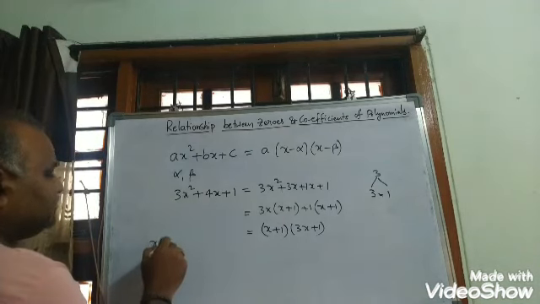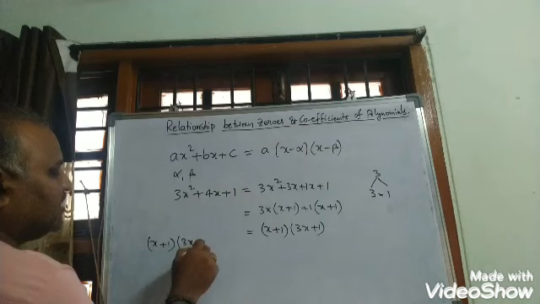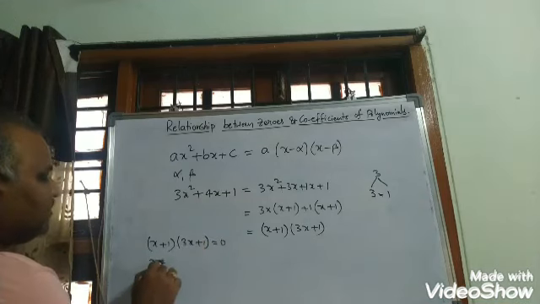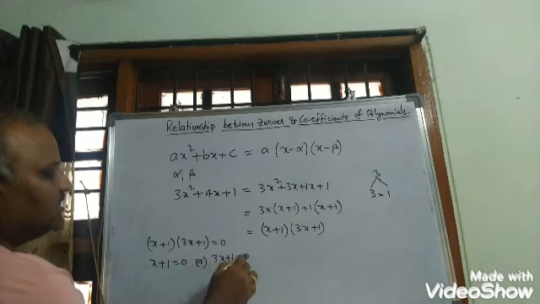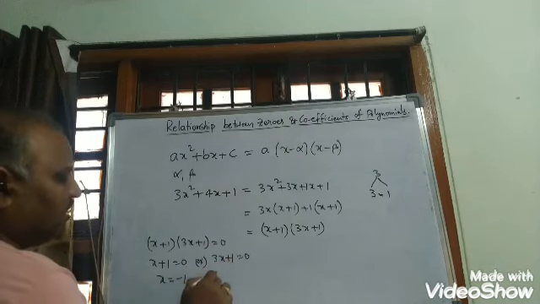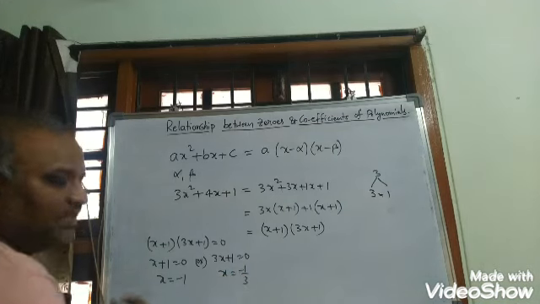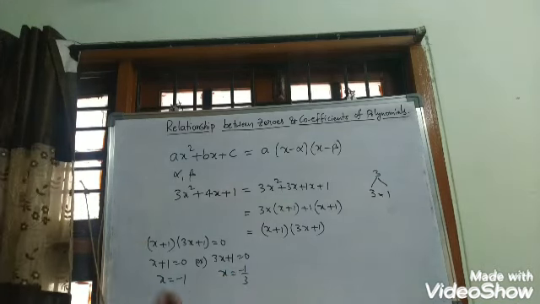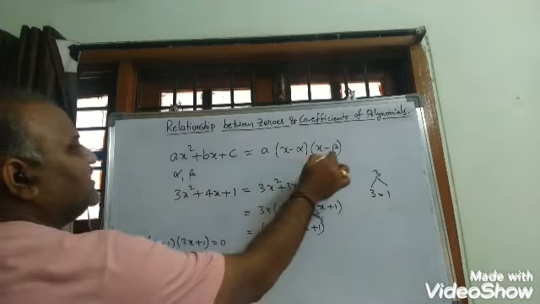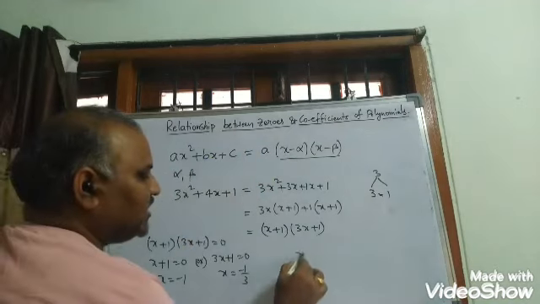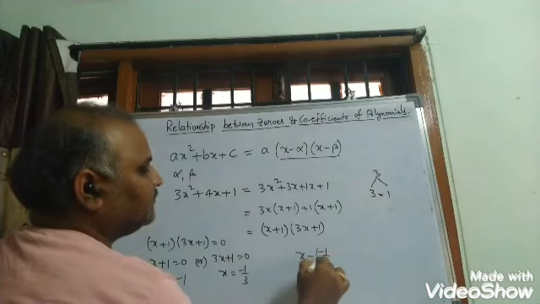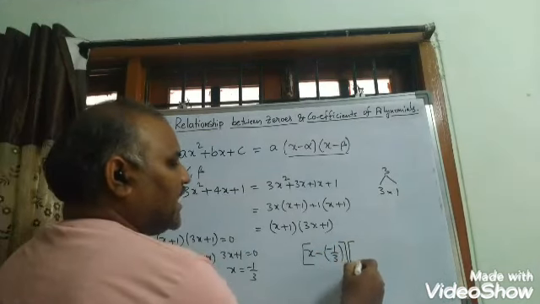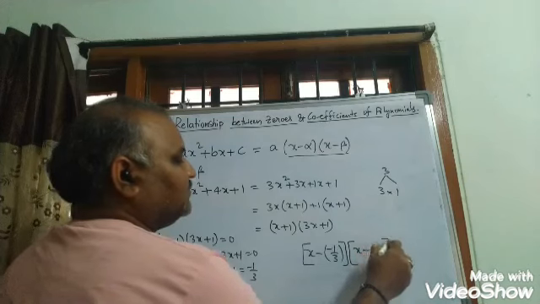Now if we equate x plus 1 into 3x plus 1 to 0, x plus 1 equal to 0 or 3x plus 1 equal to 0. So x equal to minus 1 or x equal to minus 1 by 3. These two are the zeros. That means while expressing in this way, we have to write x minus alpha, alpha being minus 1 by 3, into x minus of minus 1.